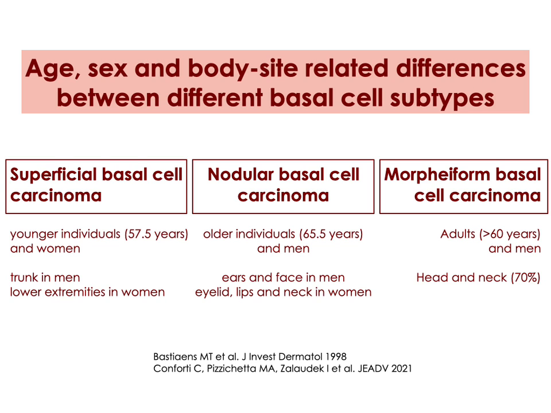For example, superficial basal cell carcinoma is more frequent in younger individuals and in women, and the main localizations are trunk in men and lower extremities in women, while nodular basal cell carcinoma is more frequently detected in older individuals and men, especially on the head and neck area, ear and face in men, eyelid, lips, and neck in women, while morphiform basal cell carcinoma is more frequently detected in adults, and more than 70% of cases are localized on the head and neck area.